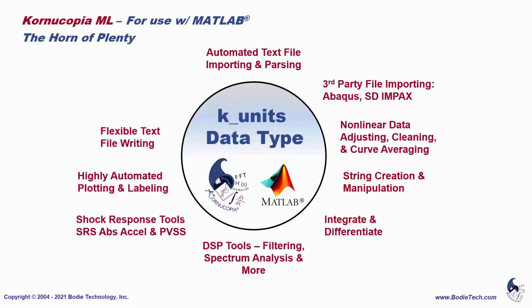Kornucopia has a variety of other tools also, including data adjusting, cleaning and curve averaging, string creation and manipulation, numerical integration and differentiation, a variety of DSP tools for doing filtering and spectrum analysis, specialized shock response tools to calculate absolute acceleration and pseudo-velocity shock response, highly automated plotting and labeling, flexible text writing, and an educational help system.